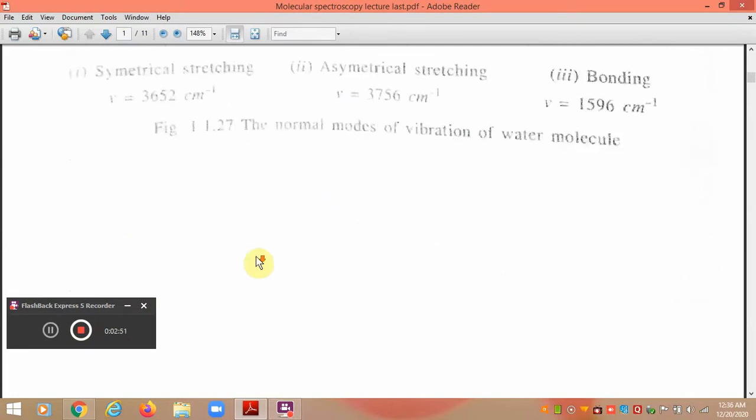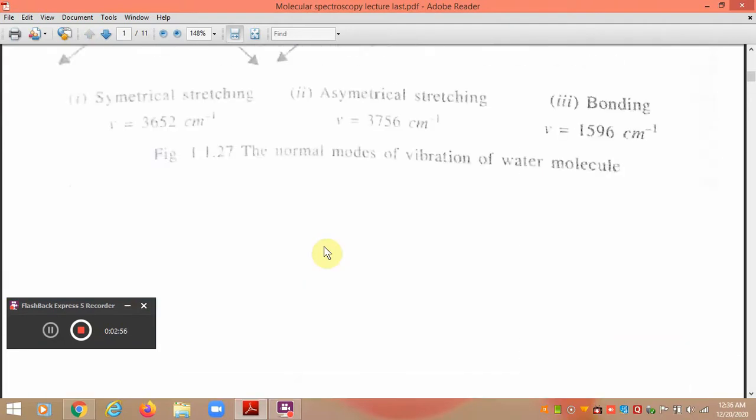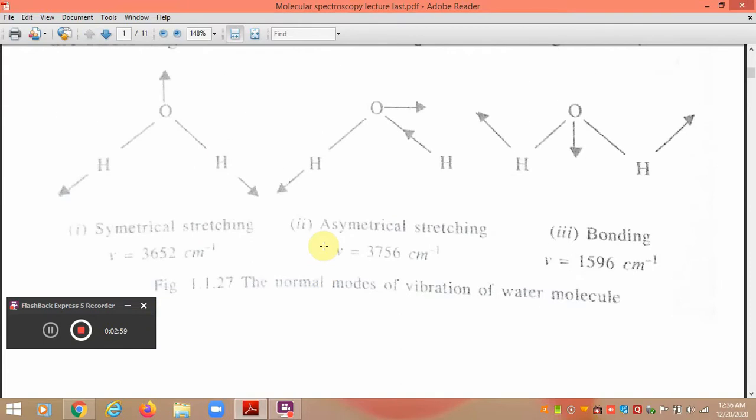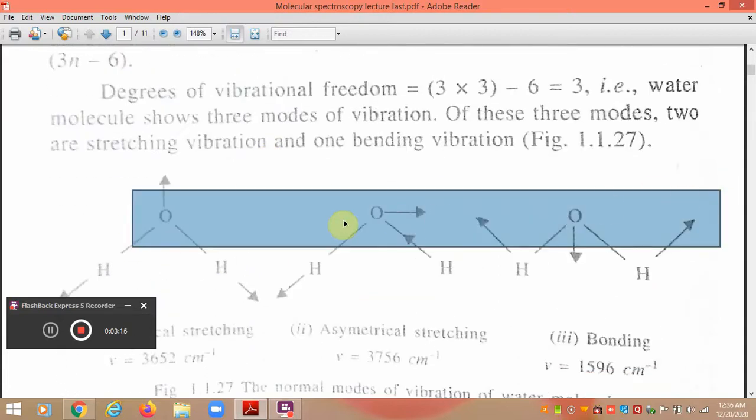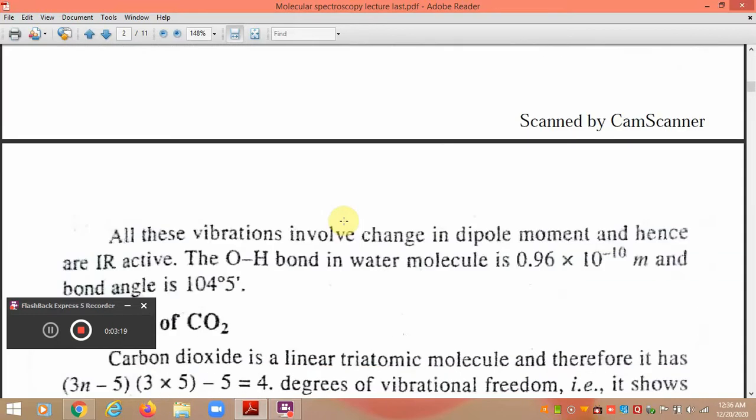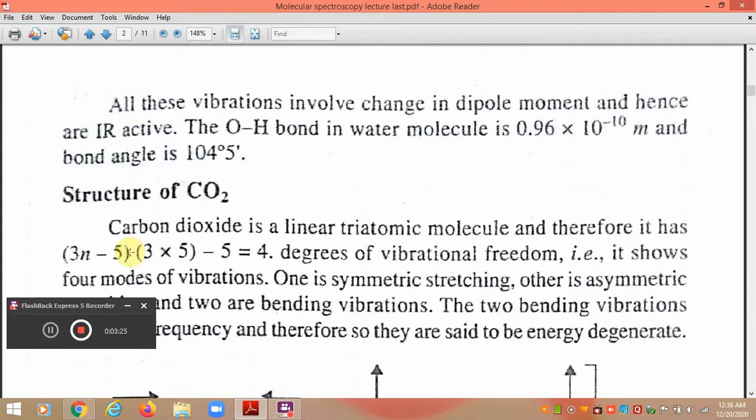Here it is found that the symmetrical stretching, asymmetrical stretching as well as the bending mode of vibration show a change in dipole moment during the vibration, and that's why in the structure of the H2O molecule all these three modes of vibration are IR active. All three vibrations involve a change in dipole moment and hence are IR active. So all the modes of vibration in the H2O molecule are IR active. This is the important thing.